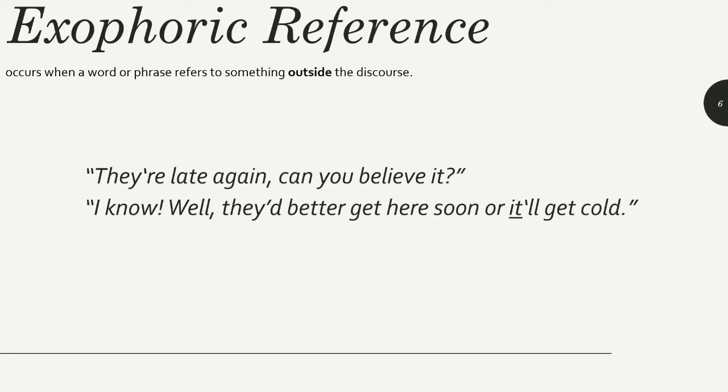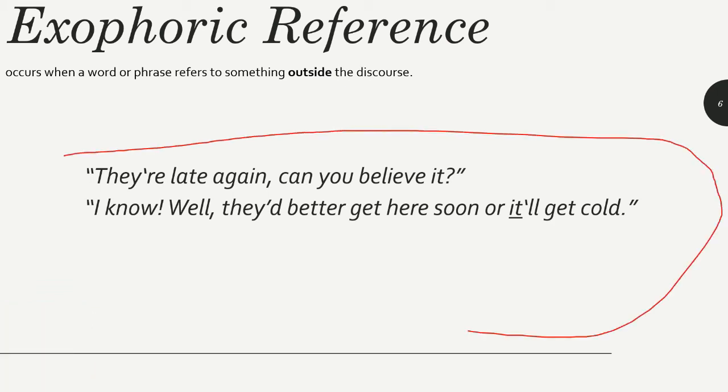Next, exophoric reference. Exophoric reference occurs when a word or phrase refers to something outside of the discourse or sentence. From the example, you can tell that it was a conversation, but is it incomplete? So the references are there and it.